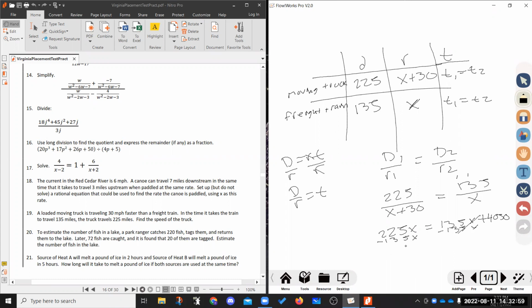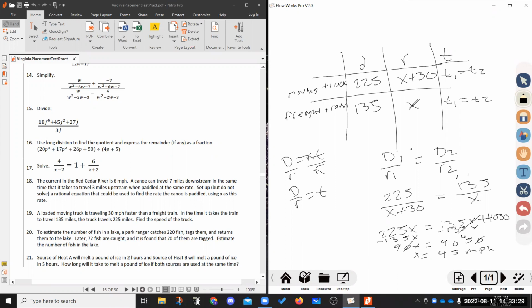And we get that 90X equals 4050. This is the same as 9 into 405. 9 goes into 40 4 times with 4 left over. 9 goes into 45 5 times. And X is equal to 45 miles per hour. That's the speed of the freight train.